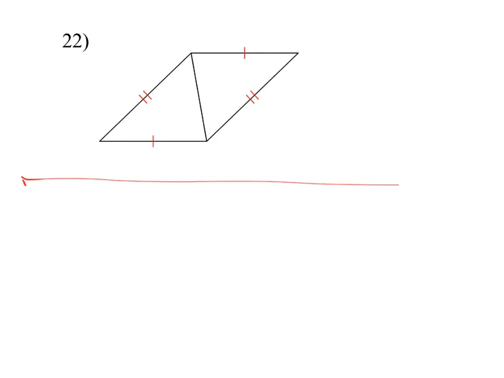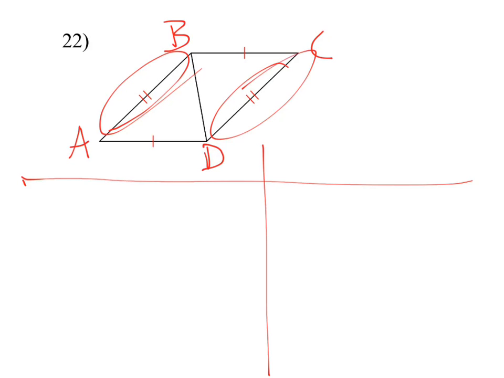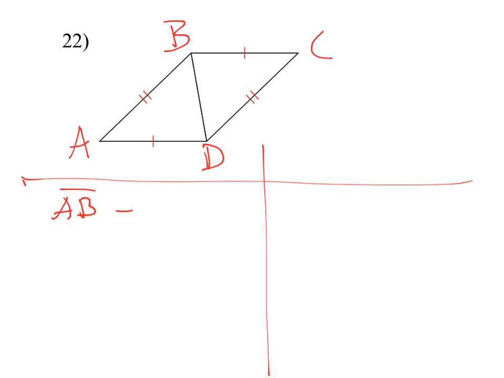On 22, again, I need two columns. I need to label things. I'm going to do A, B, C, D. Already I know that these two sides are congruent because it's given, it's right on the graph there. So AB is congruent to DC. That's given. And I know these two sides are congruent because they have the congruent markings on them.